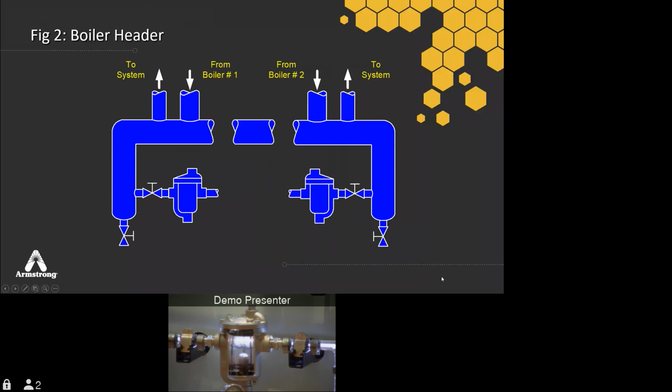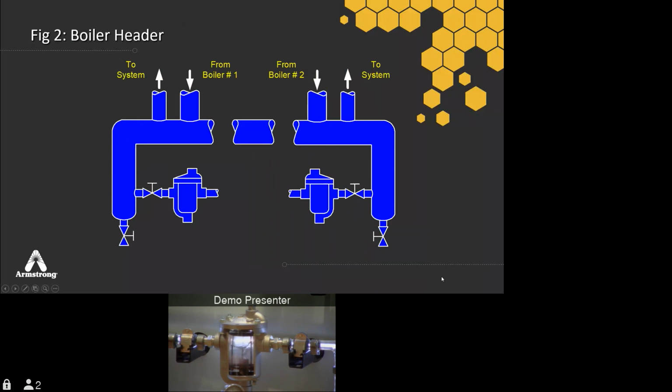And so some of the other rules in distribution piping, when you look at steam headers, if you've got multiple boilers, you'll want to use a drip trap on each of the ends of that steam main header. A single trap, you'll pocket water on the other side and you'll get slugs.